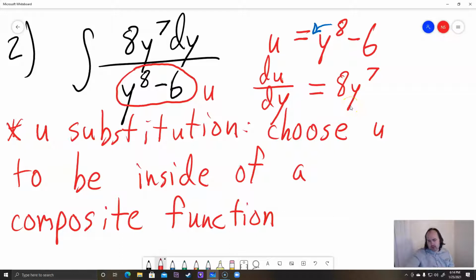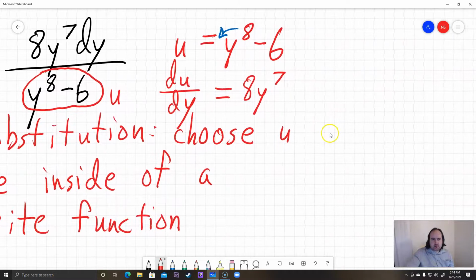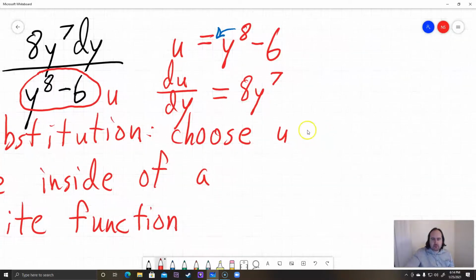Well, there's a couple of ways of doing it. One way is to isolate du and then try to plug in. But most people find that confusing. So the way I usually teach it is a little bit different. What I do is I isolate dy, and then I plug that in up here.